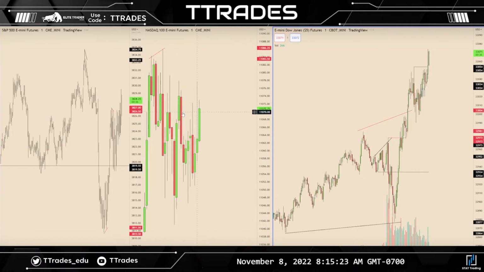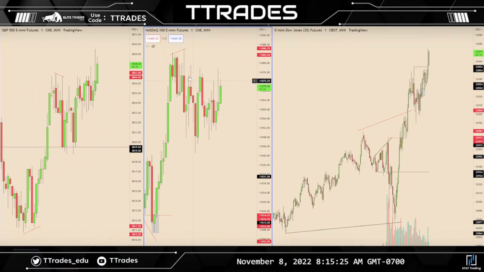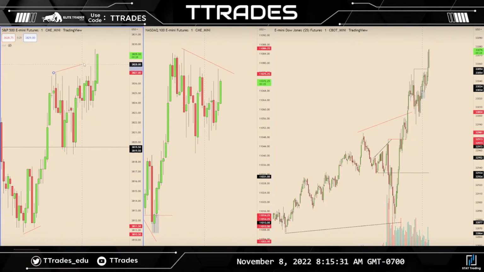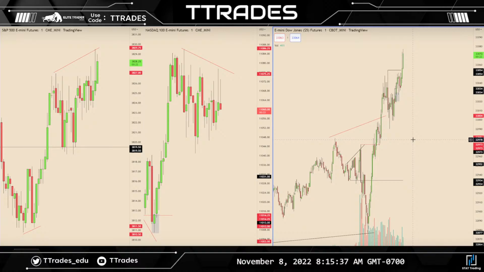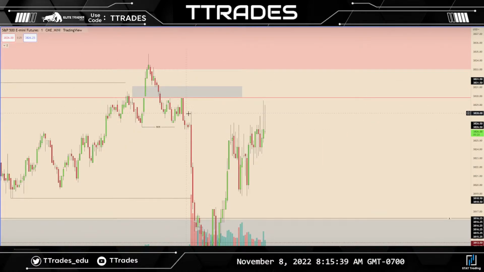Probably a 1 minute. All right, so you can see this high right here. It's not breaking over it. S&P breaking over it. Dow's just absolutely nuking up, because what else does Dow do? BPR will get filled. I mean, most likely, will you get a reaction out of it? Who knows?